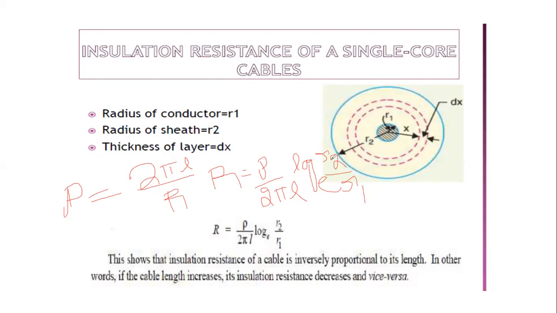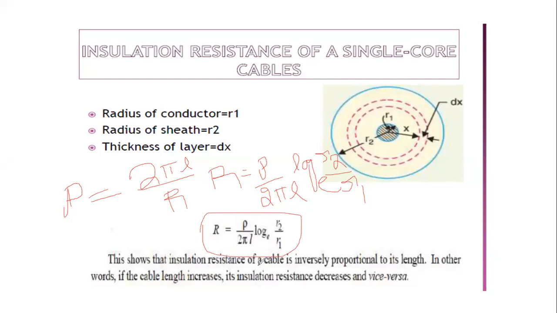Therefore, the resistance R is equal to rho by 2 pi L log e R2 by R1.